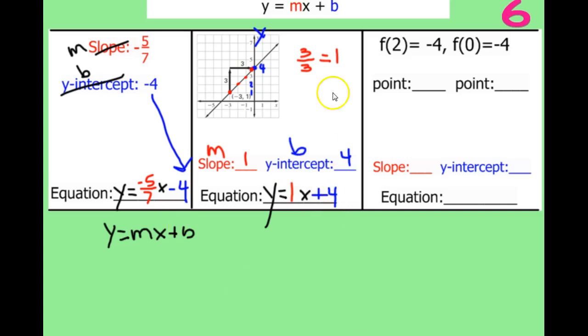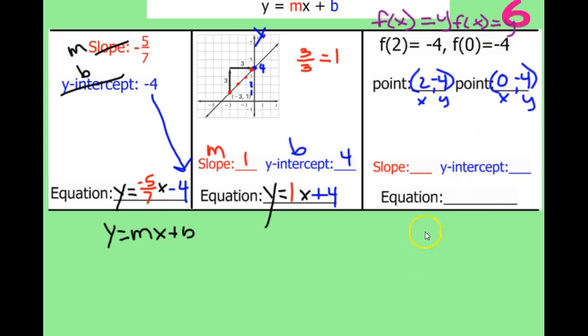And the last one, remember, they're not trying to trick you. We know f of x is a fancy way of saying y. Same thing here, f of x and y. So our points, x comes first, x is 2, y is negative 4. And over here, x is 0, y is negative 4.